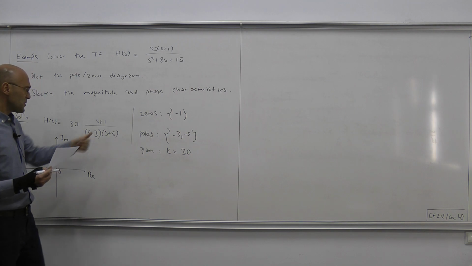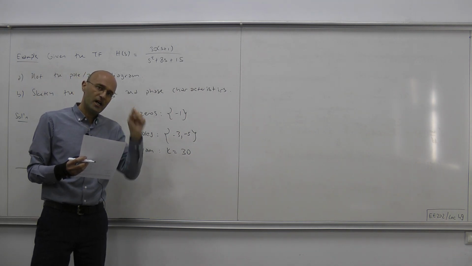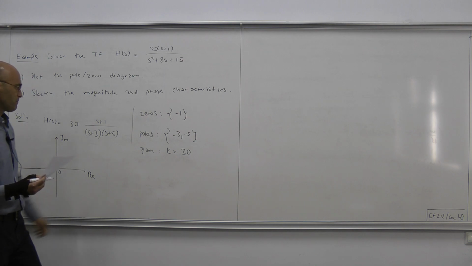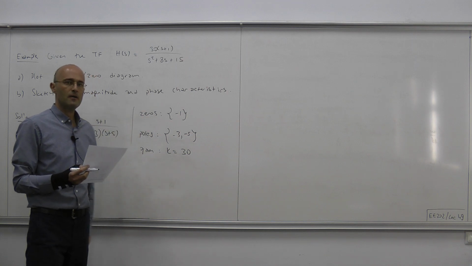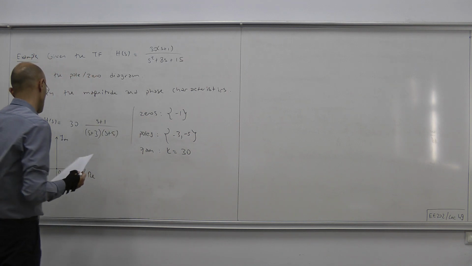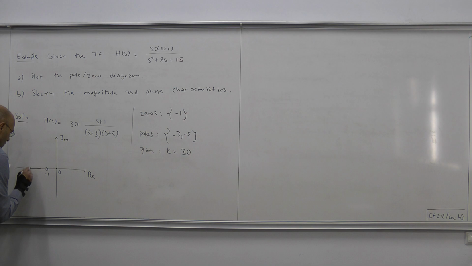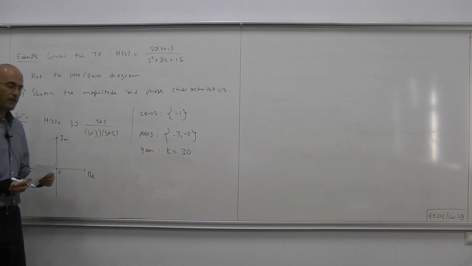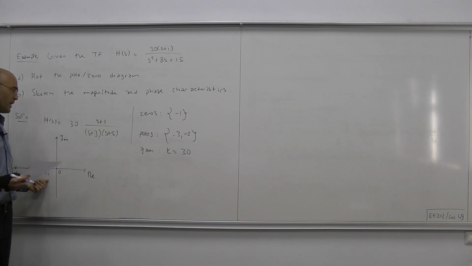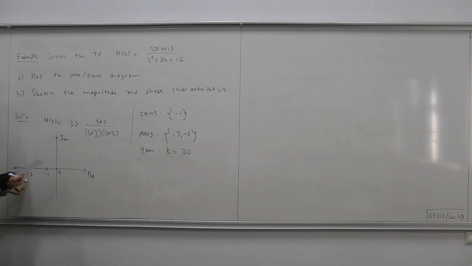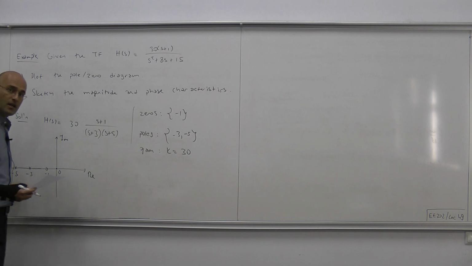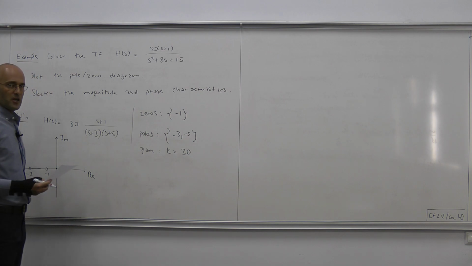Remember that zeros are indicated by tiny circles, and we have a pair of poles at -3 and -5, and the poles are indicated by little crosses. So what we have is one here and another here, -3 and -5. Tiny circle, that means we have a zero at -1; two tiny crosses, so that means we have poles at -3 and -5.